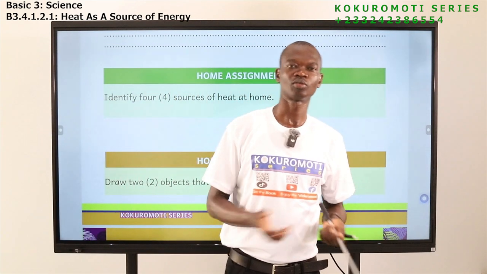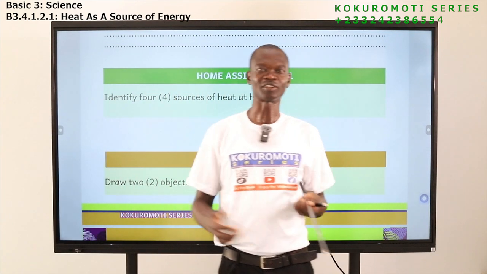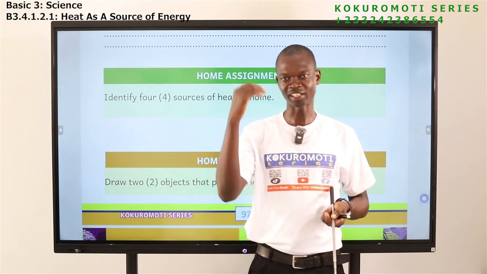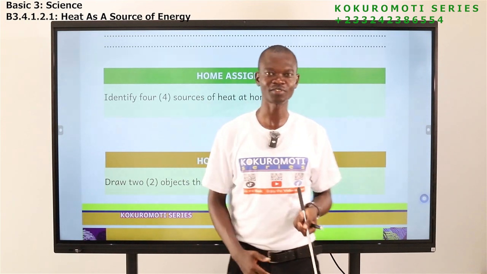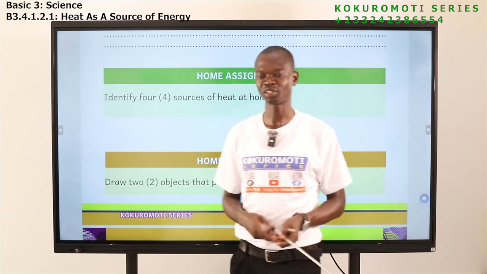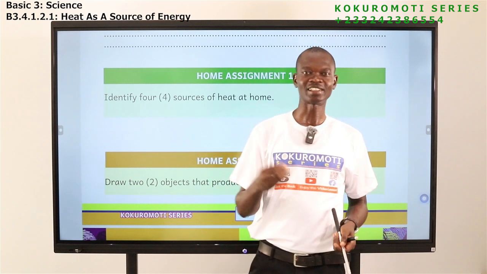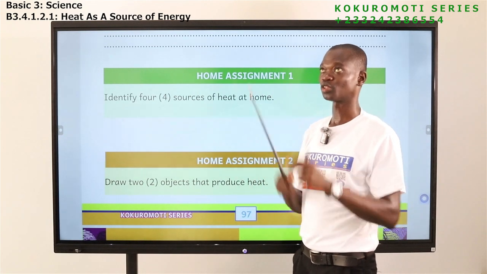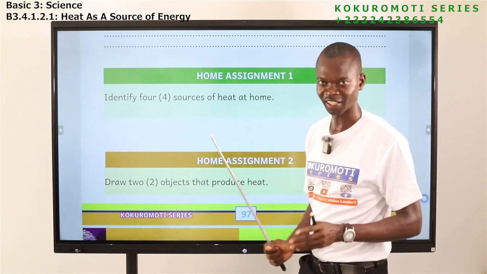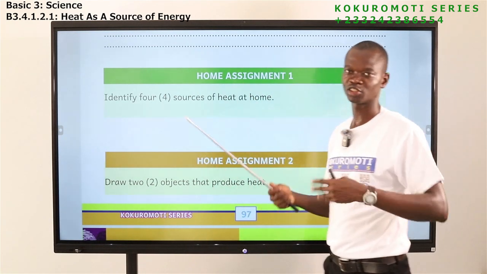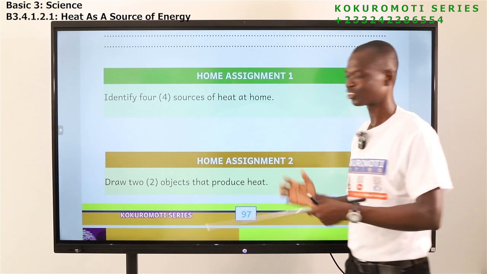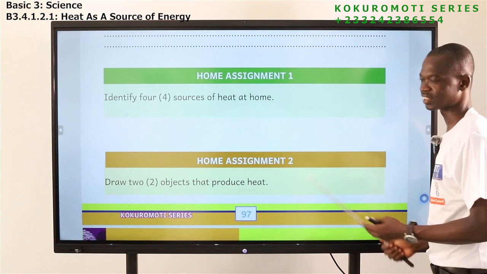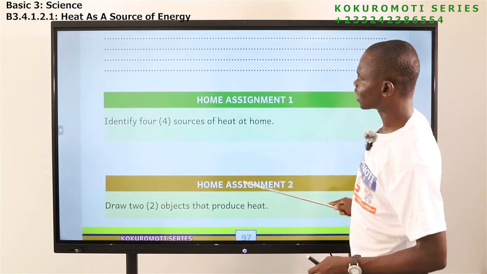So wherever you are, if you are in the classroom right now, if you are in your mother's office, if you are in your father's office, if you are in the house, in your room, look around and identify 2 sources of heat. Just draw them. So if you can see a bulb there, draw it. If you can see a lighted stove, draw it. If you can see the sun, draw it. So the question is, draw 2 objects that produce heat.